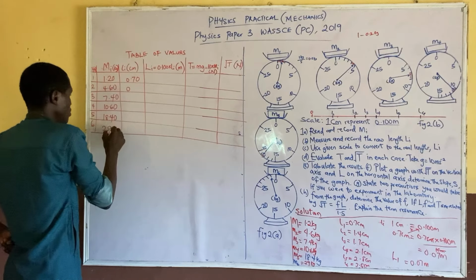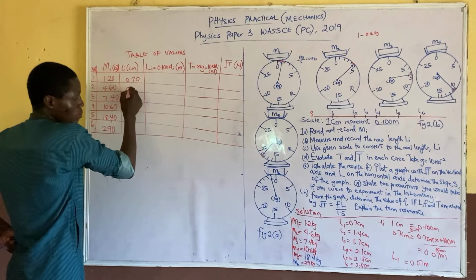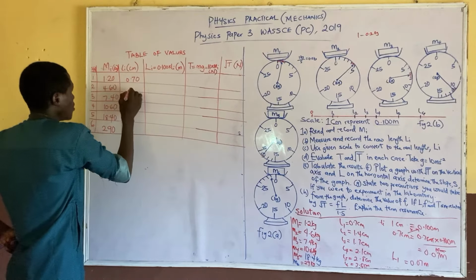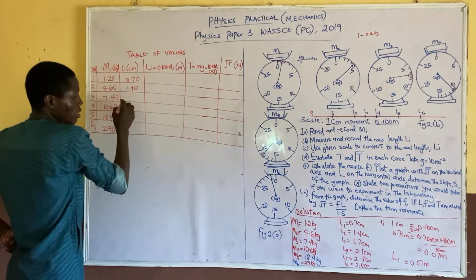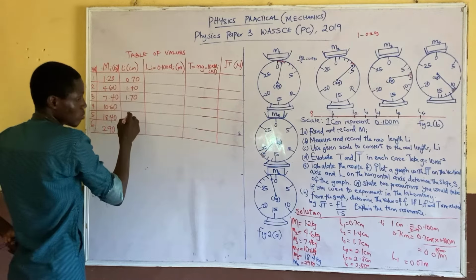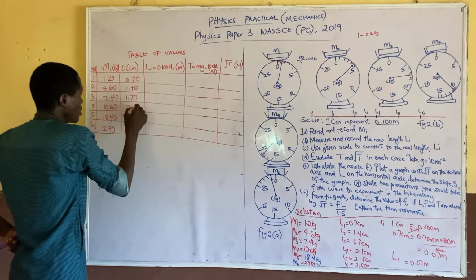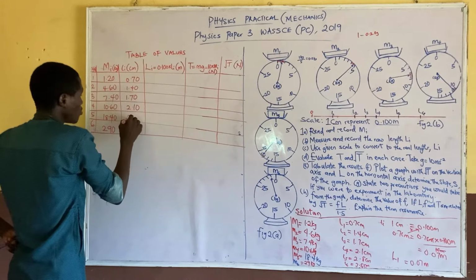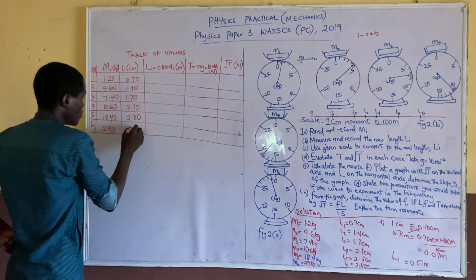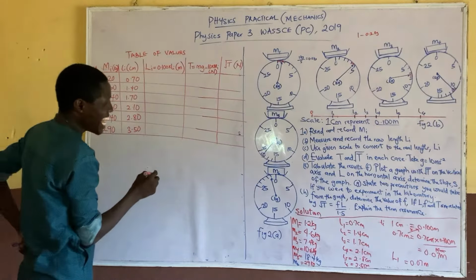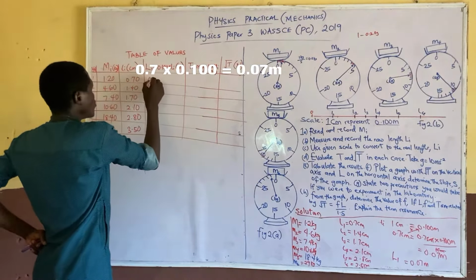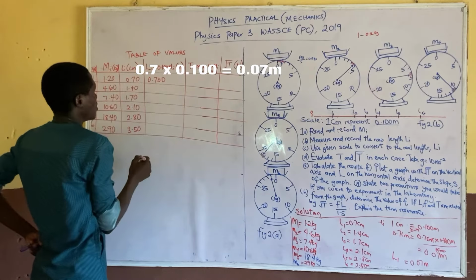This one is 0.8, the next is 1.8, then 1.40, 1.70, 2.10, 2.80, and the last one is 3.50.